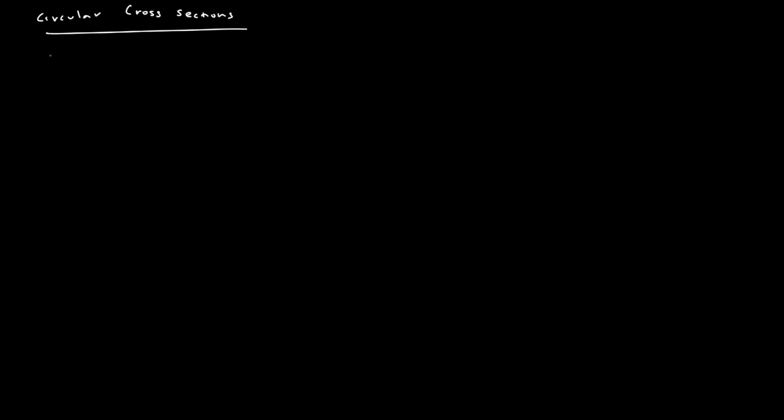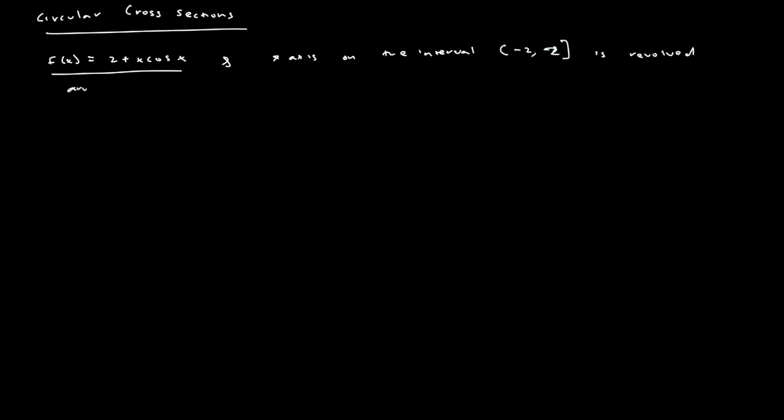Let's say we have a function f of x equals 2 plus x cosine x, and the region between this function and the x-axis on the interval from -2 to 2 is revolved around the x-axis to generate a solid. Find its volume.